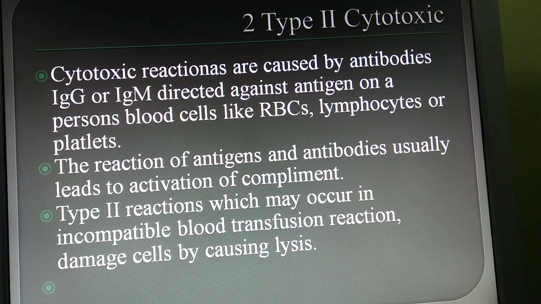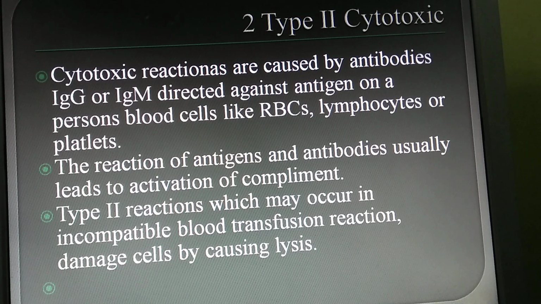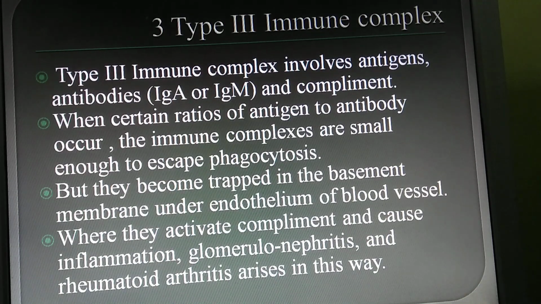The reaction of antigen-antibody usually leads to the activation of complement. Type 2 reactions, which may occur in incompatible blood transfusion reaction, damage cells by causing lysis. So during blood transfusion this care is taken. There should not be a cytotoxic reaction.